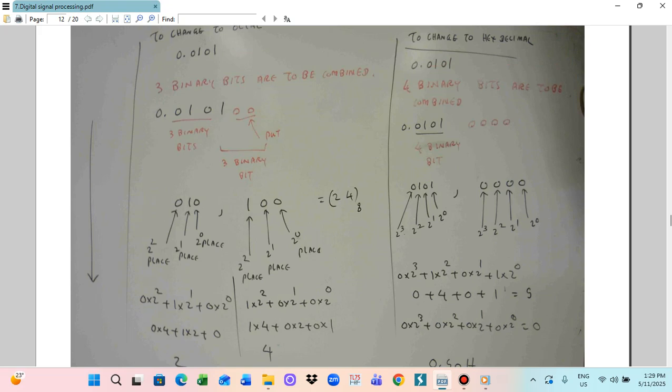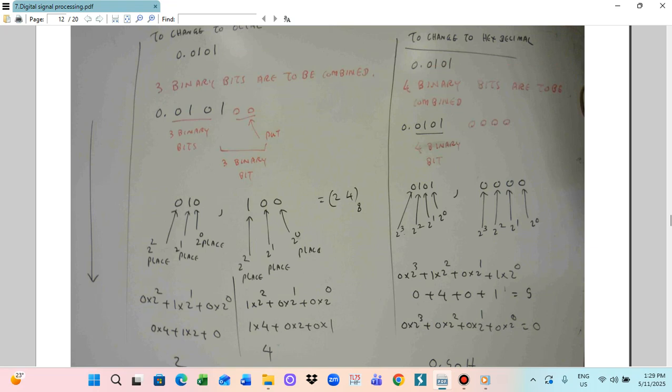So 010 is the first octal digit, and 100 is the other octal digit. You change 010 to a number: 0 is the 2 power 2 place, 1 is the 2 power 1 place, and 0 is the 2 power 0 place. So 0 multiplied by 2 square plus 1 multiplied by 2 power 1 plus 0 multiplied by 2 power 0 gives 2.